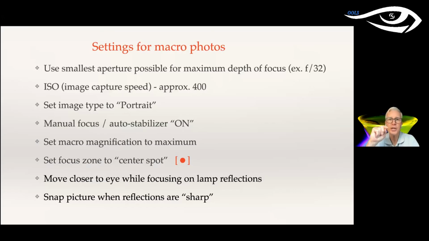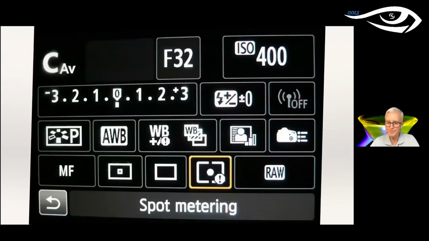And you're focusing on the light images from your flash. These flashes have what I call landing lights, which illuminate the subject, and then you take the flash, and of course the flash goes off. So you're looking at these landing lights on the reflected image of the eye, and you move in until those are clear. And when those are clear, you snap the picture.